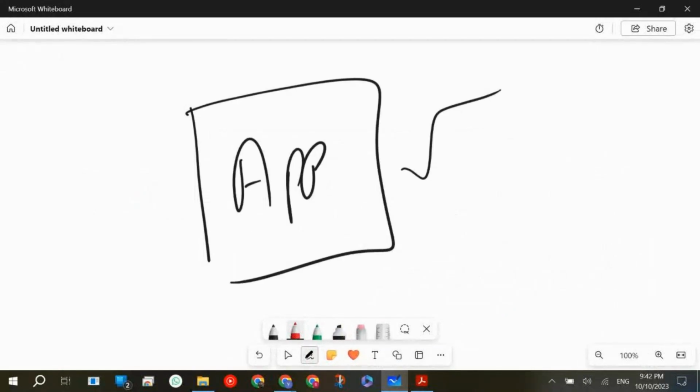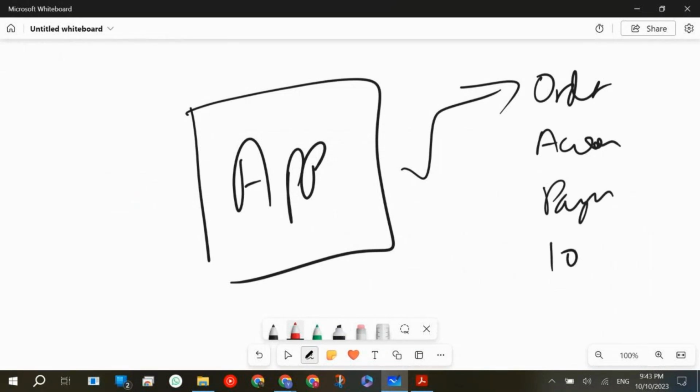So I had an application, and in that, let's say there are four functions: ordering is there, accounts is there, then I have payments, then I have location, let's say.